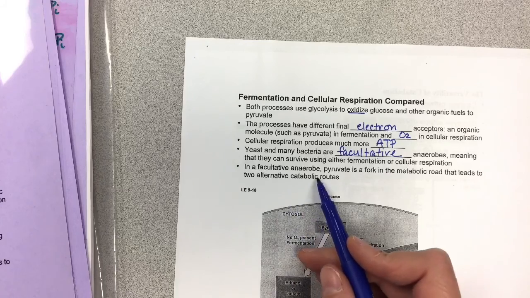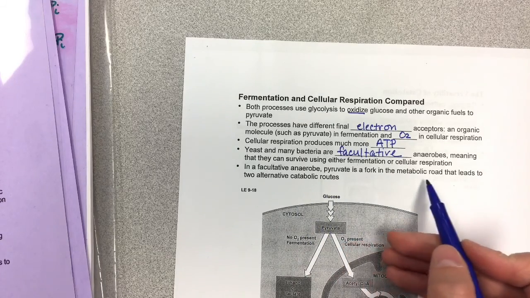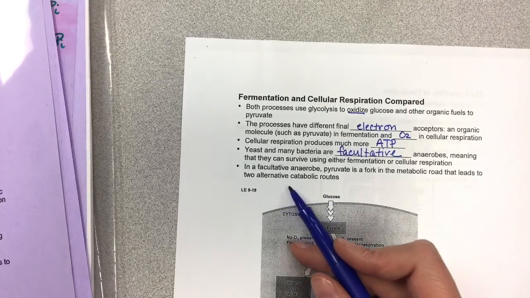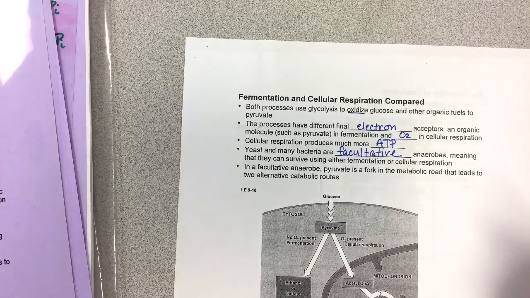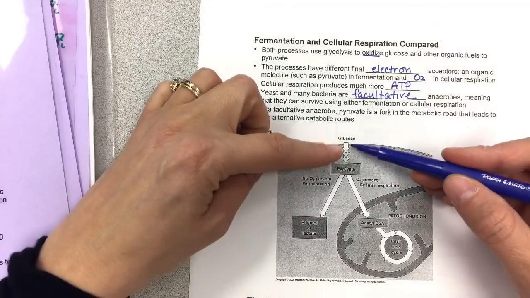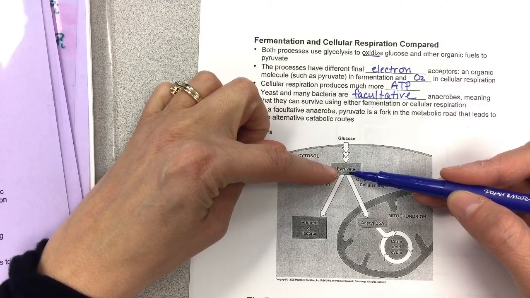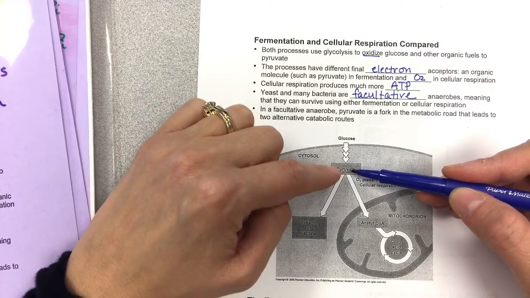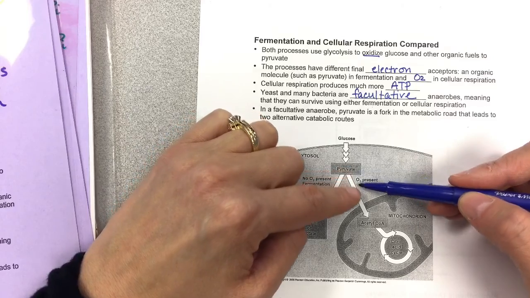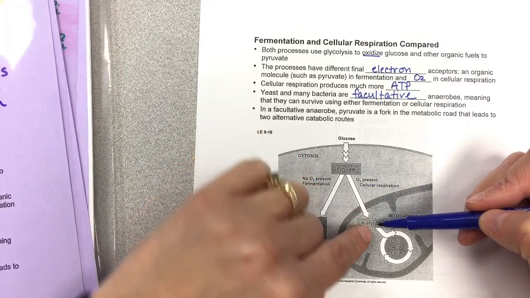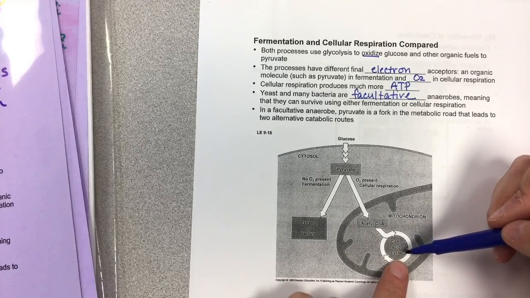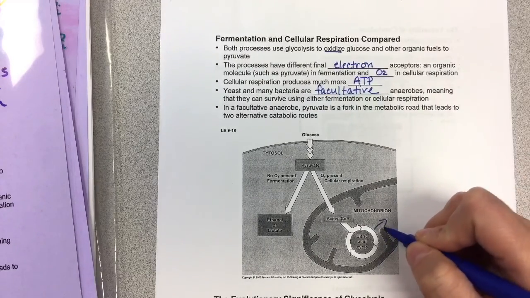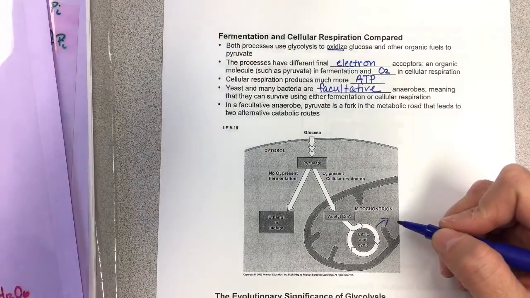So in a facultative anaerobe, pyruvate is a fork in the metabolic road that leads to 2 alternative catabolic routes. So what does that mean, a fork in the road? Let's look here. Here's glucose to pyruvate. That's glycolysis. That happens no matter what. If oxygen is present, pyruvate goes and does the link reaction, gets converted to 2 acetyl-CoA, which enters the citric acid cycle, which then also goes and what is it going to do?